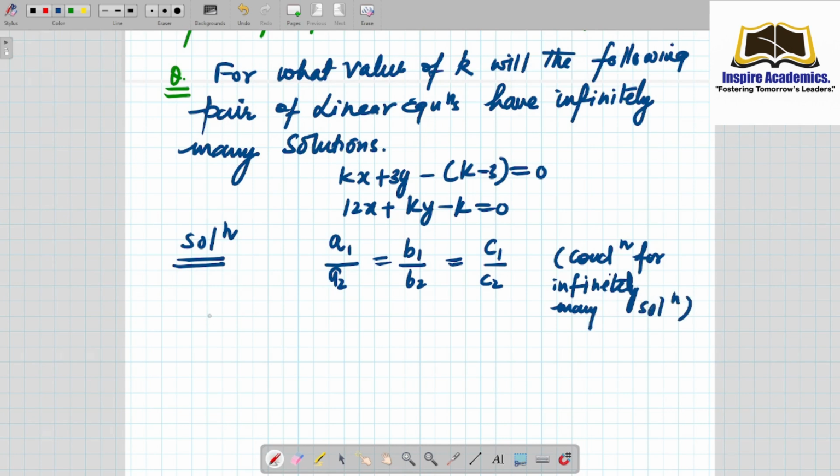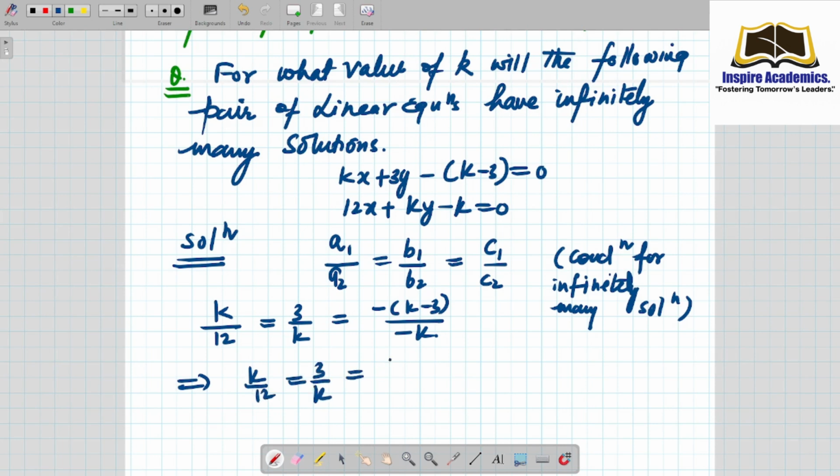So let us put the values. K upon 12 equal to 3 upon k equal to negative k minus 3 upon negative k. So what do we get? K upon 12 equal to 3 upon k equal to k minus 3 upon k.